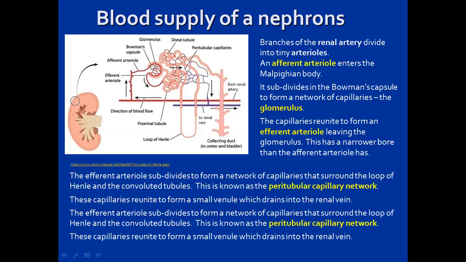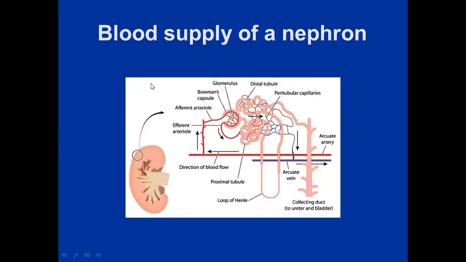And one afferent arteriole, which is incredibly tiny, leads into each glomerulus. And the glomerulus is a network of capillaries made of branches of the afferent arteriole. They all join together and form the efferent arteriole, which leaves the glomerulus.